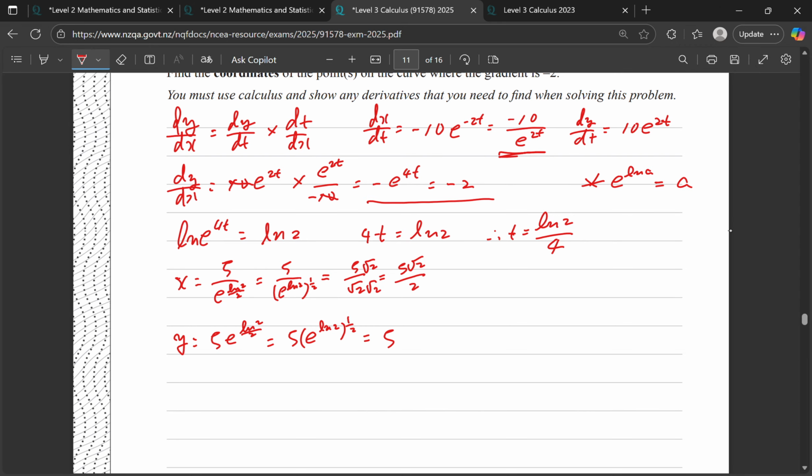As I said, e to the power of ln 2 is just 2, so 2 to the power of half is the square root of 2. All right, so we got x value 5 square root of 2 over 2 and y value 5 square root of 2. So, hence, 5 square root of 2 over 2, comma, 5 square root of 2 is the x and y coordinates.